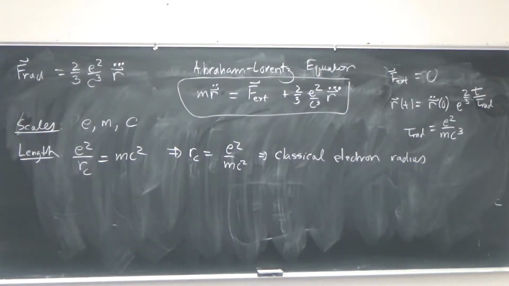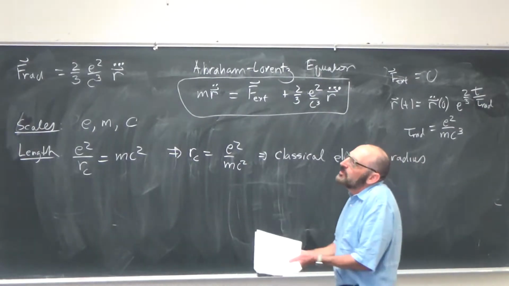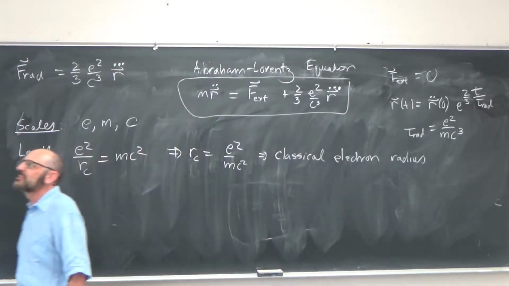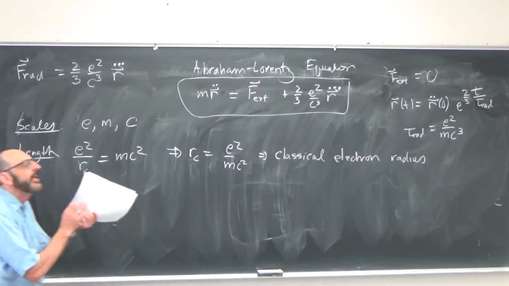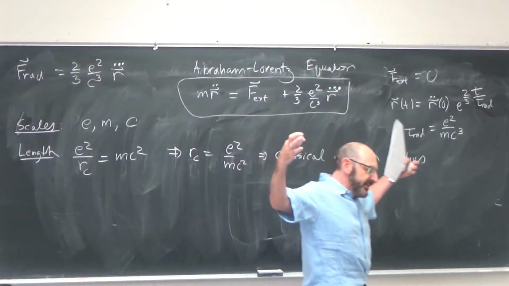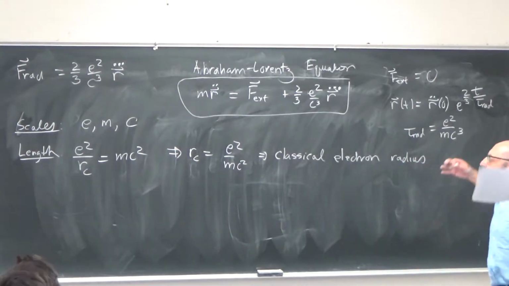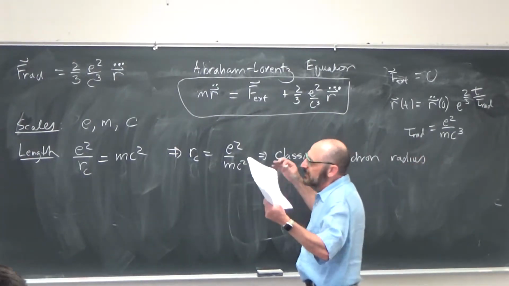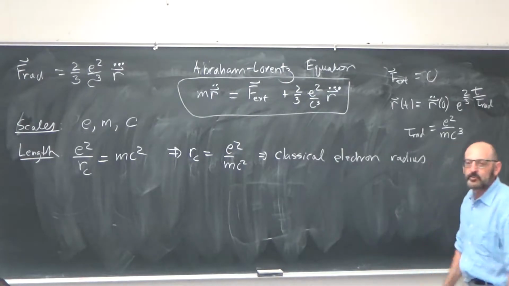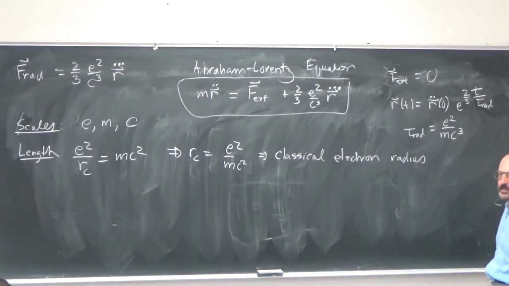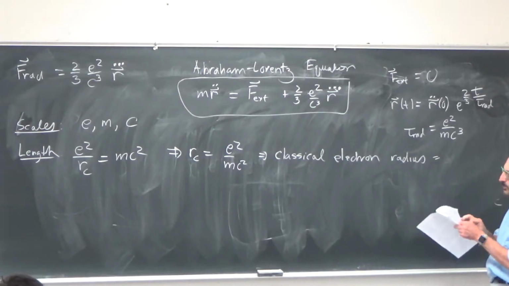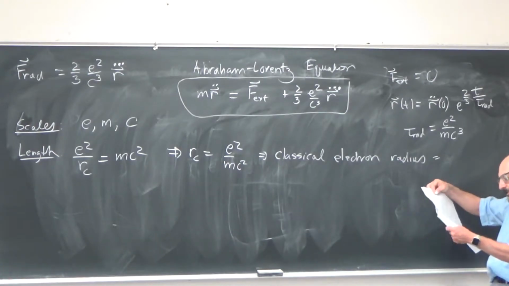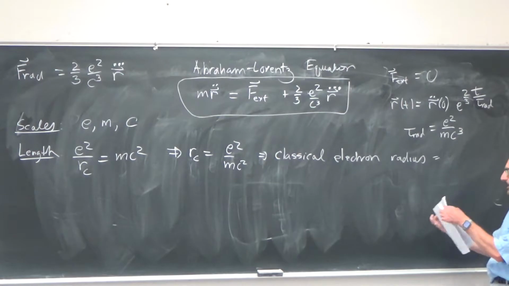This was a picture that Lorentz had of the electron as a ball of charge, where you can think about the rest mass energy as somehow being associated with the potential energy that it would take to squish one electron charge e into a ball of radius r_c. Okay. That radius is something super tiny, and I don't remember what it is. Oh yeah, that's right, it's a femtometer.